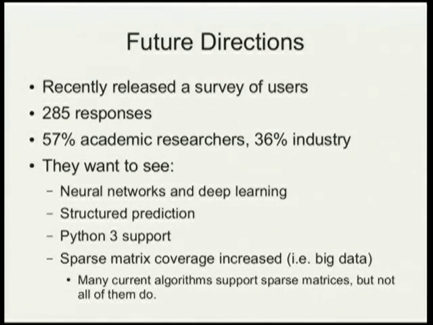Structured prediction, Python 3 support. Now we have Python 3 support, but it needs work. So if you're really good with Python 3, let us know. And sparse matrix coverage increased. We have many algorithms that support sparse matrices from the SciPy library, but not all of them do.